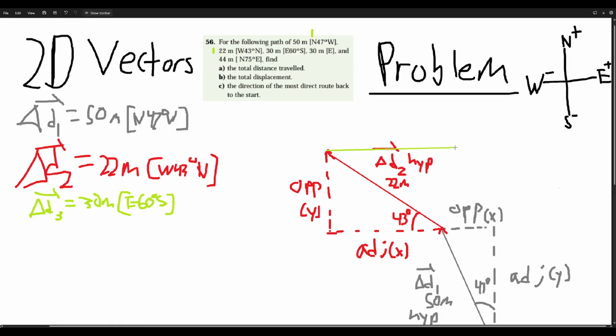This was about 43 degrees, we're not gonna follow that. So 60 degrees south would be around here. And I know it's gonna be kind of hard to look at because it's intersecting with the other lines of the other displacement, but that's why I put it in a different color. It's gonna look something like this.